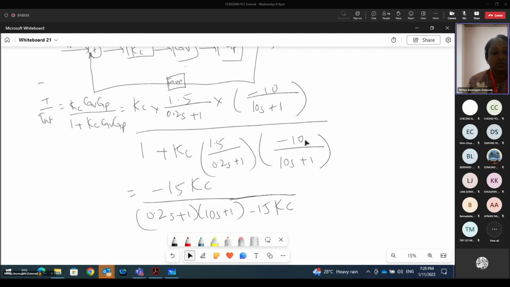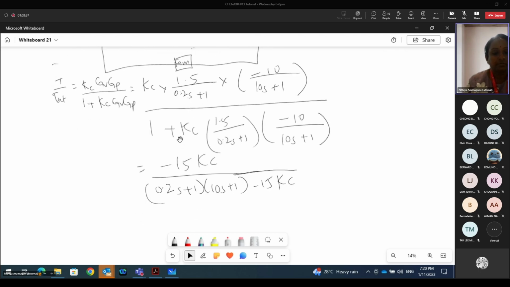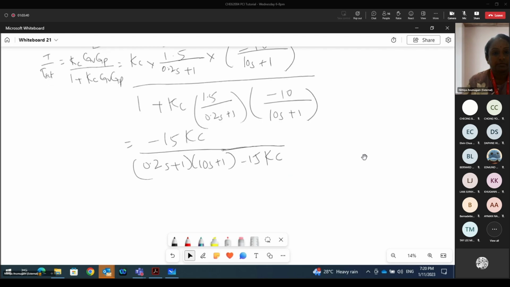All right. So this portion actually can be expanded so that we know how to simplify it more. Okay, so negative 15 Kc over 2 s squared plus 0.2 s plus 10 s plus 1.